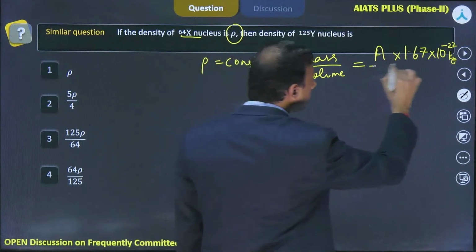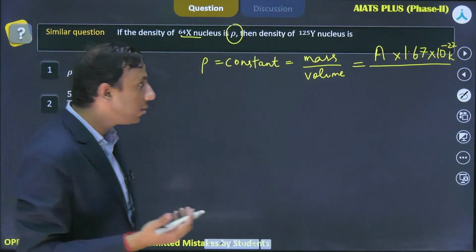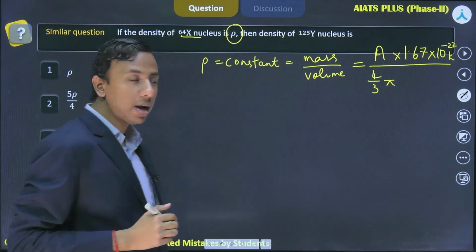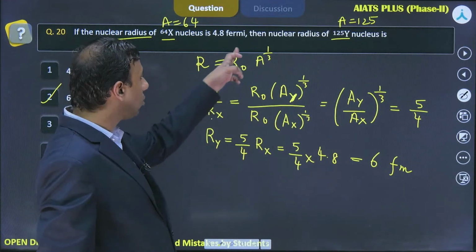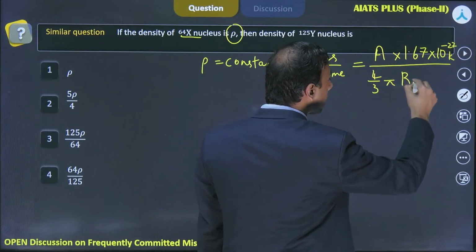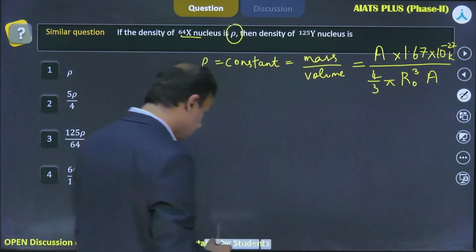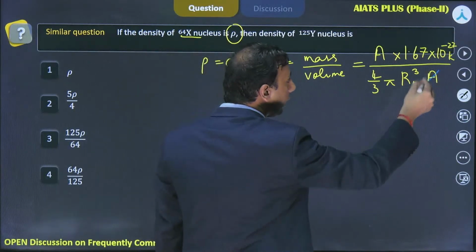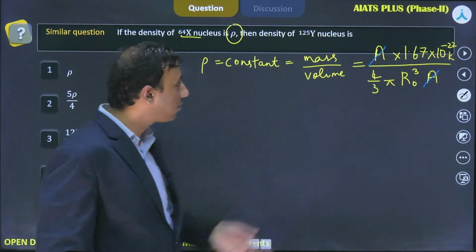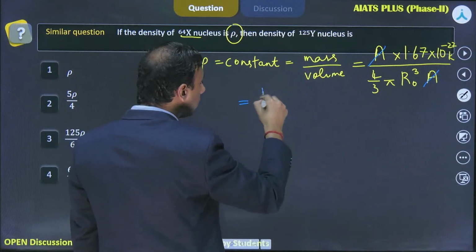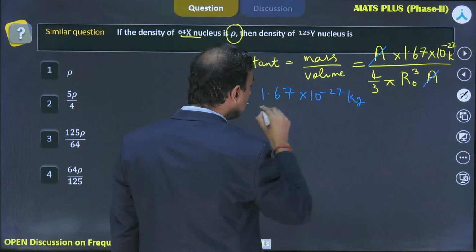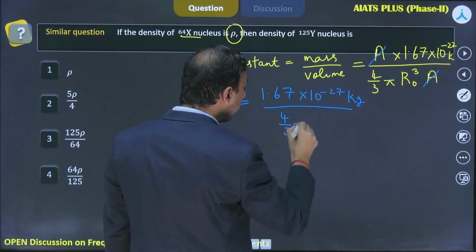This is the mass. And volume we already know, it is 4 by 3 pi r cube. What will r cube become? R cube is r naught cube into A. So now if you can see over here, A and A cancel out, and what remains is a constant value, which is this numerator 10 raised to the power minus 27 kg upon 4 by 3 pi r naught cube.